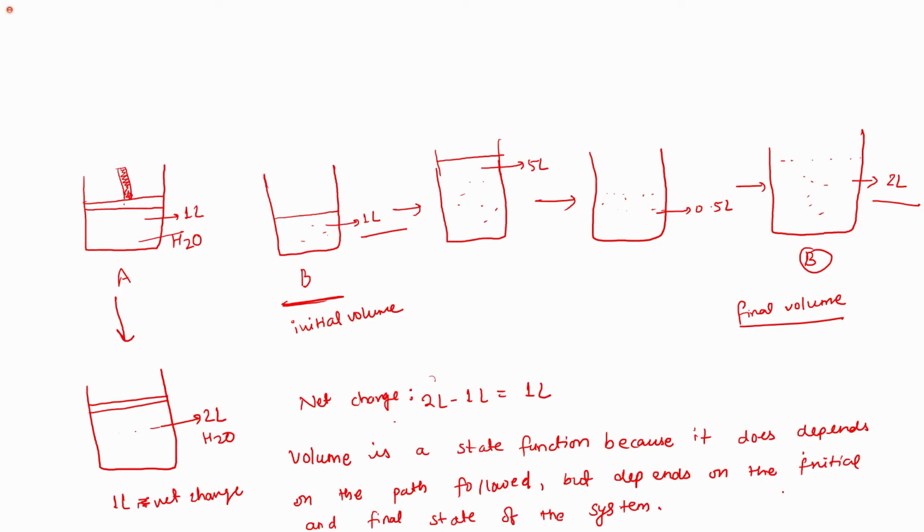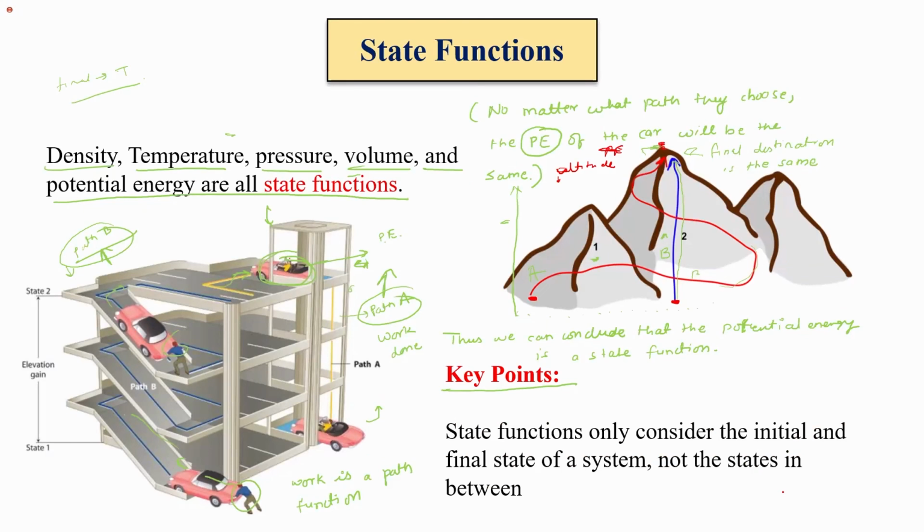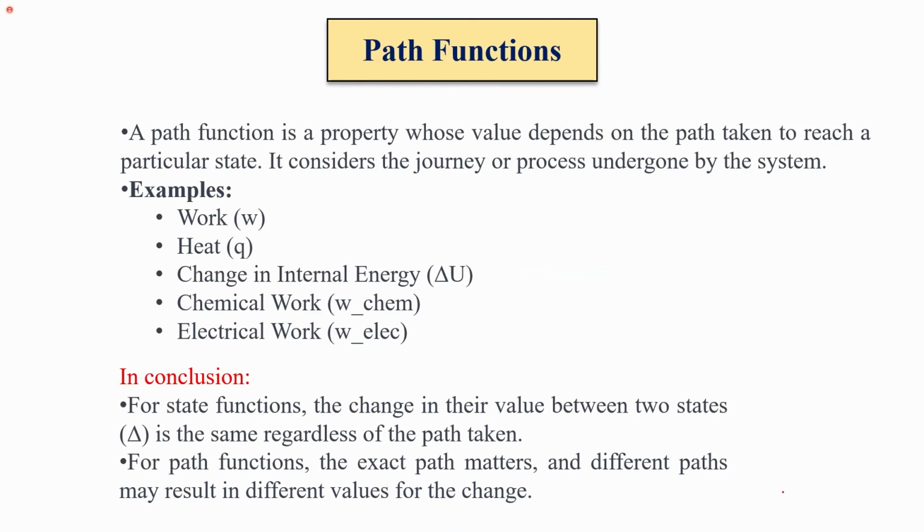So in this way, what we studied is that temperature, pressure, volume and potential energy are all state functions, as they depend only on the initial and final state of the system, not on the path they followed to reach that state. So now we studied state functions.